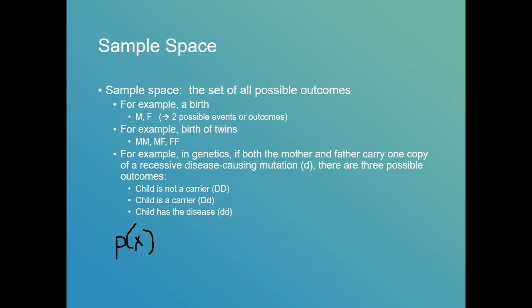And then the frequency of the number of times of an outcome is represented by an F and then in parentheses that event or outcome X. The formula for probability is the frequency of the number of times that X occurs, or some outcome occurs, divided by the sample space.